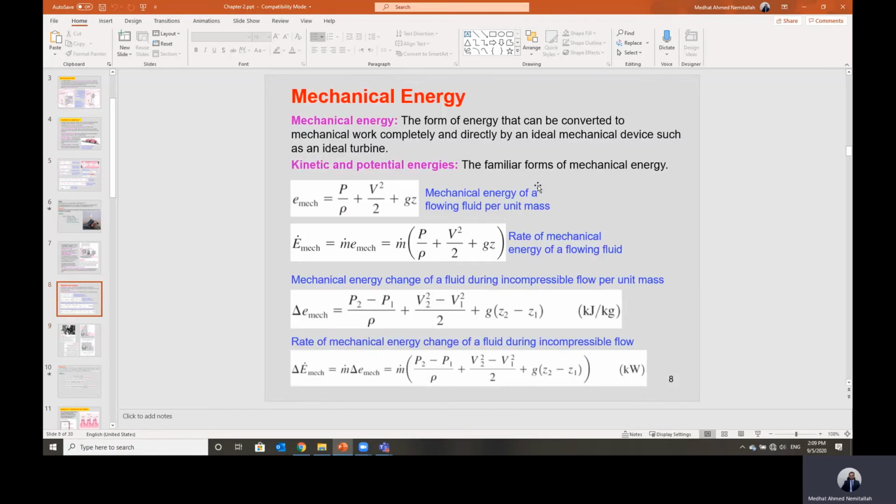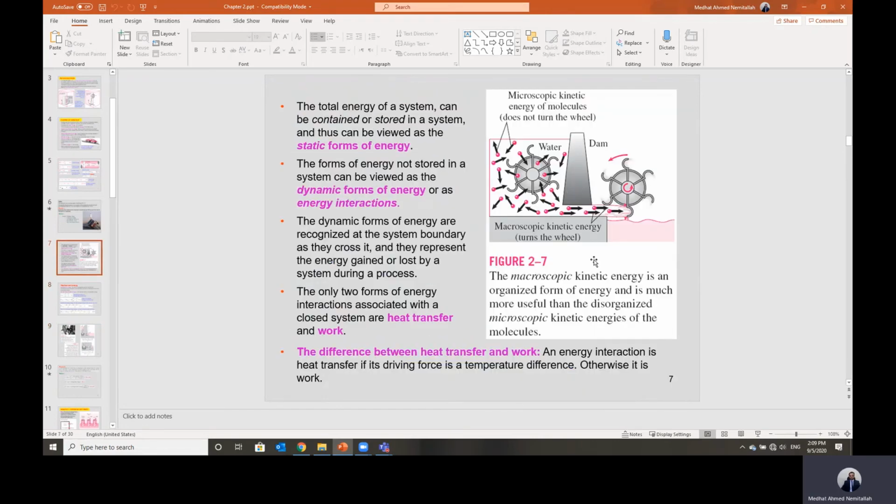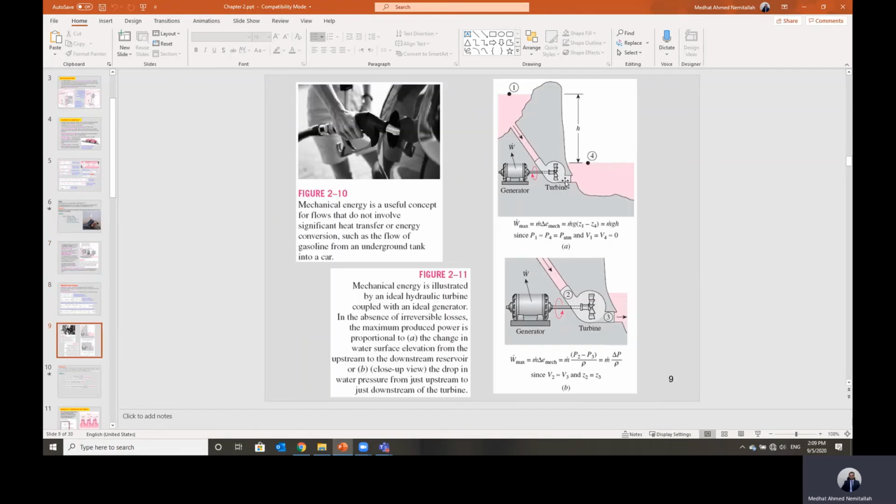Then this velocity jet can hit the bucket of the turbine. Then we can rotate the shaft of this turbine to generate electrical power. To calculate the power of this hydraulic turbine, we can just select one point of the fluid before, point 1, and point 4 after this turbine, and then calculate the change of mechanical energy of the fluid, multiplied by the mass flow rate of the fluid. Then we can calculate the power of this turbine.